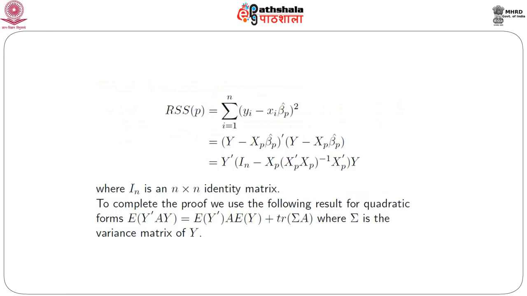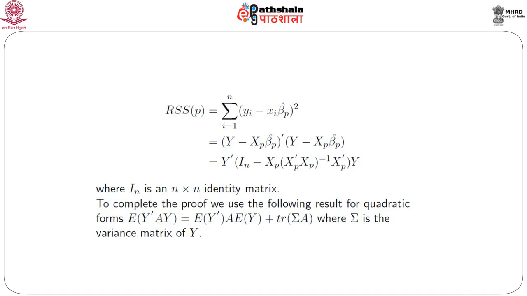So, the residual sum of square p equals summation i equals 1 to n of (y_i minus x_i beta p hat) whole square, which can be written as (y minus X_p beta p hat) prime (y minus X_p beta p hat), which equals y prime times (I_n minus X_p (X_p prime X_p) whole inverse X_p prime) y, where I_n is an n by n identity matrix.